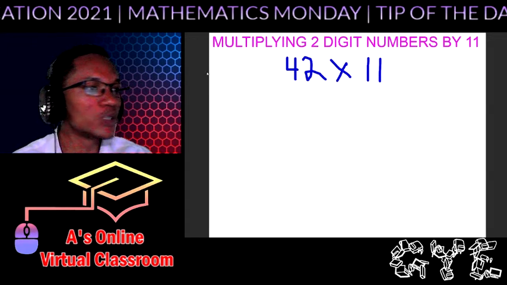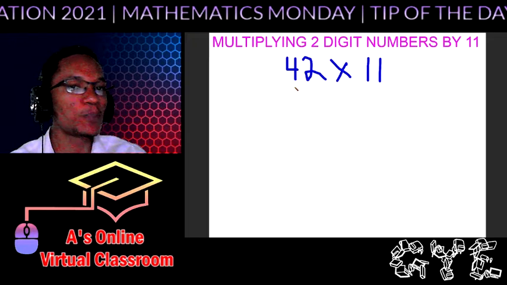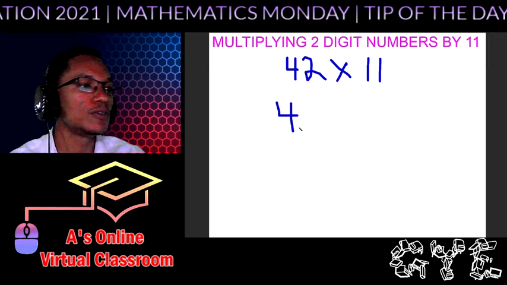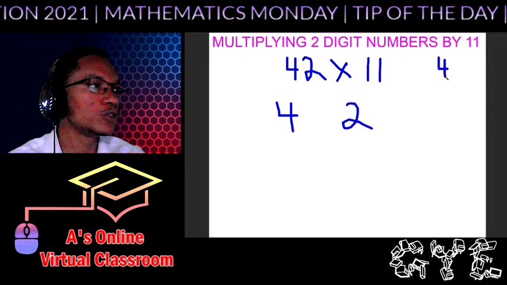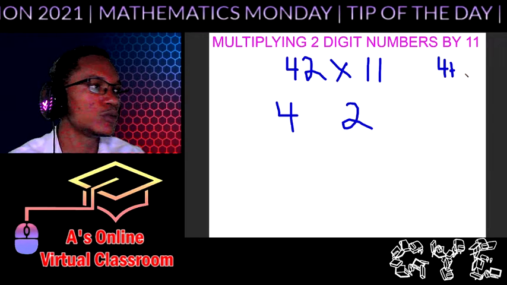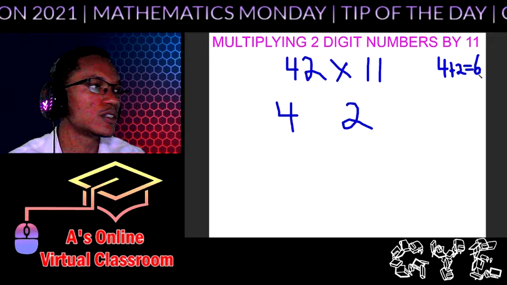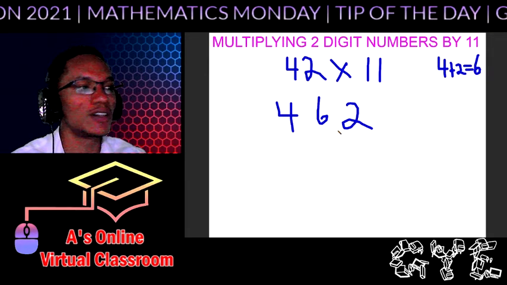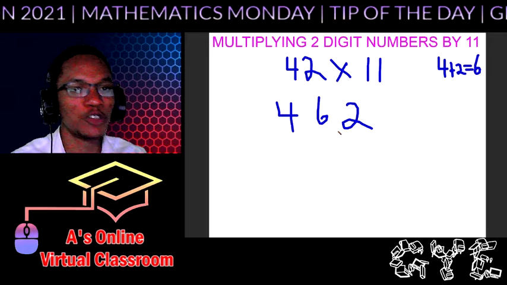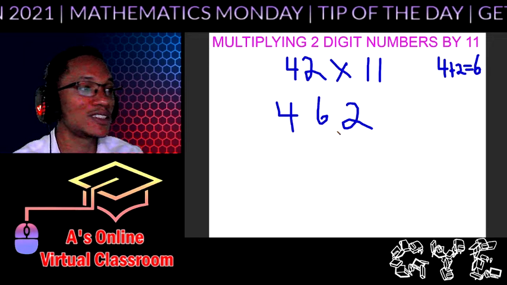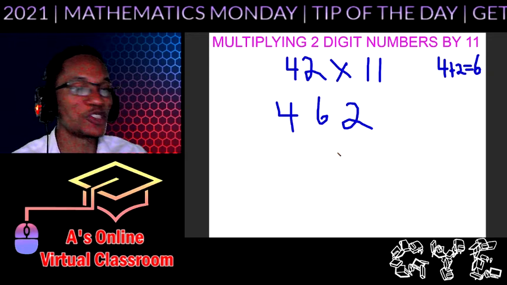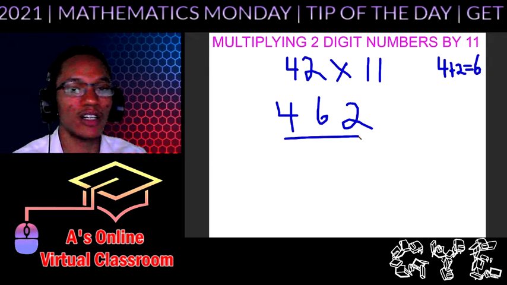The process is this: you split the number 4, 2, and then you add them. 4 plus 2 equals 6. You take that 6 and you drop it in the middle there. You could pull out your calculators, double check me. I'm sure you'll get 462 on your calculator.